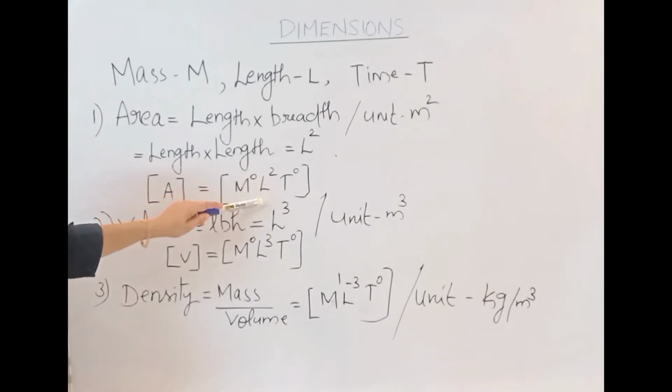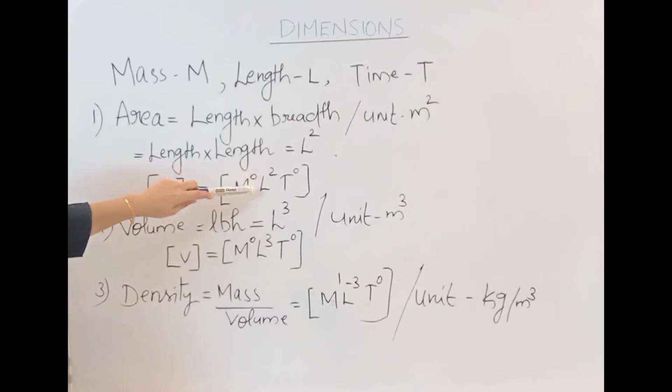So how can we define the dimension? That is actually the powers. The dimension of a physical quantity are the powers to which the base quantities are raised to represent that physical quantity. Here we can see that length is the base quantity and it is raised to a power in order to represent a physical quantity, right?